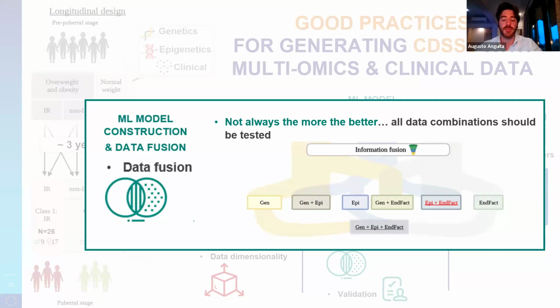There might be many reasons for that, like genetic data were included in the model as individual SNPs, and we know that SNPs sometimes need to be aggregated through scores or any other type of information, but this is an example that sometimes it is not the combination of all data layers that makes the better prediction.